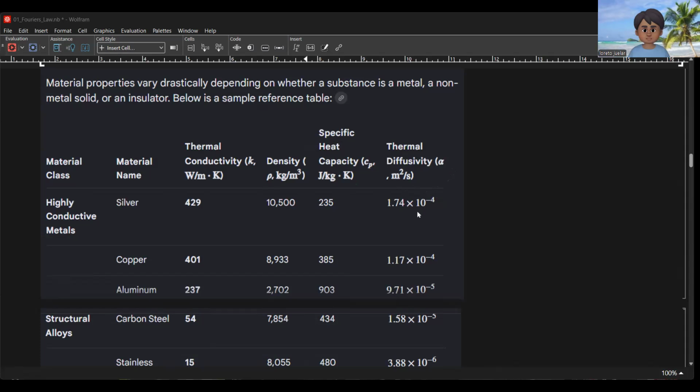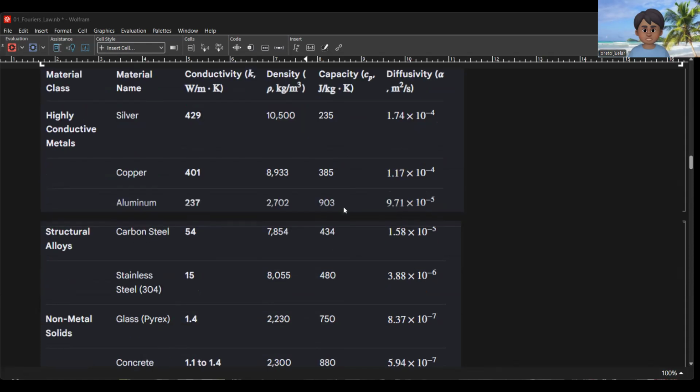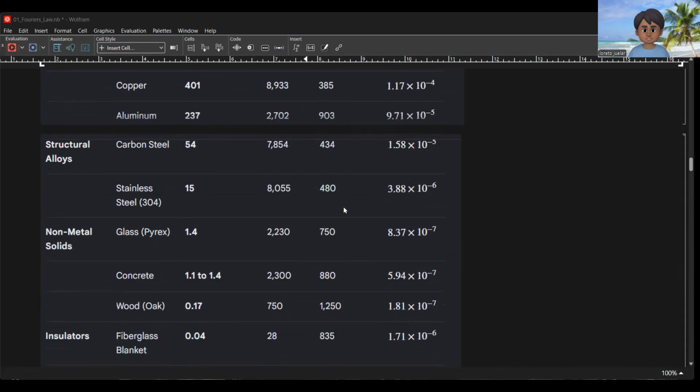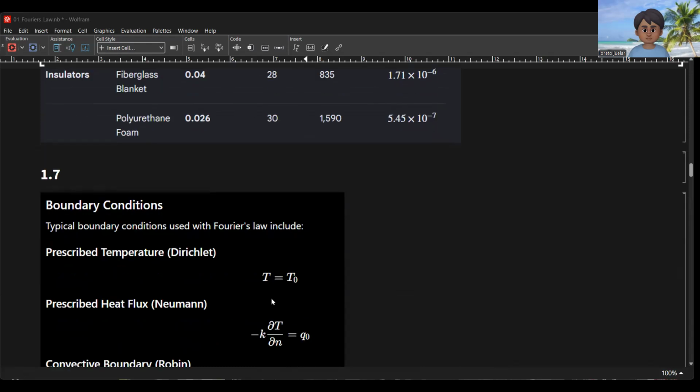So we have copper and aluminum here with the corresponding thermal conductivity, density, specific heat capacity, and thermal diffusivity. Then we have some other materials here, non-metal solids.